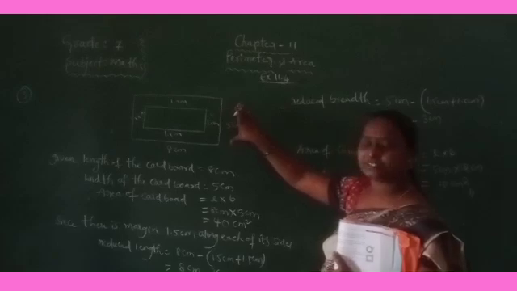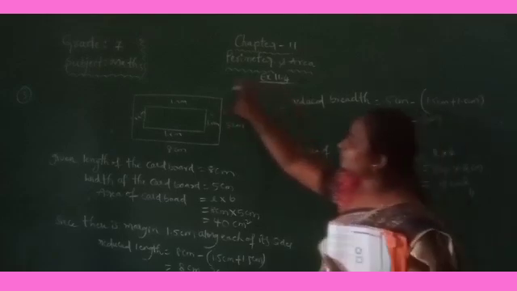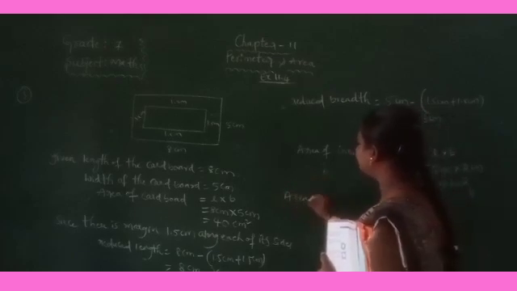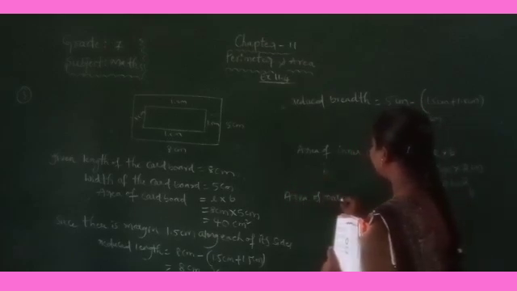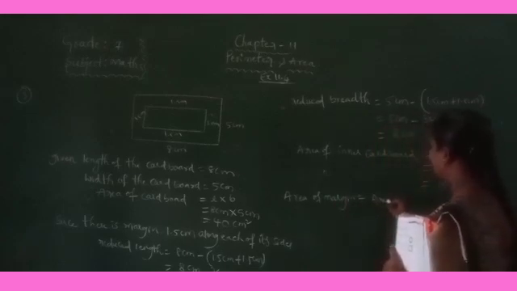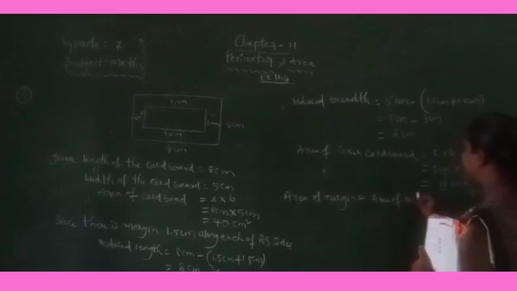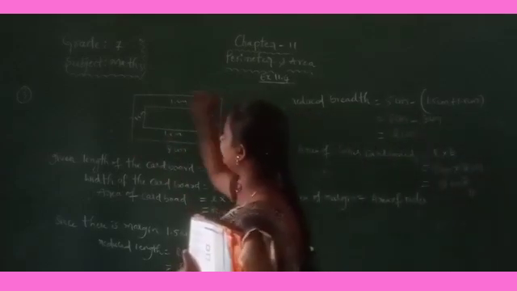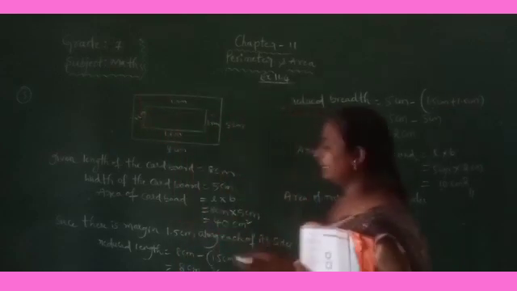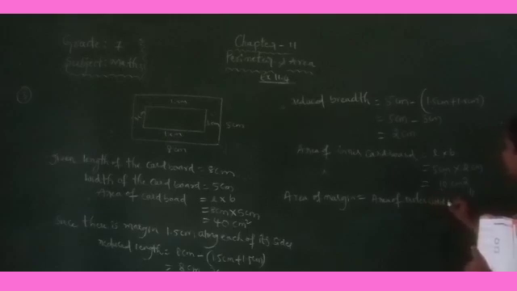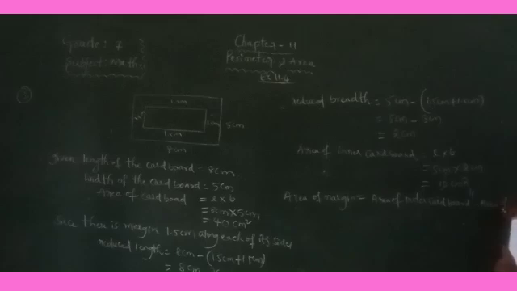The outer cardboard is 40 centimeters square. Now what do we have to find? The area of the margin. How to find the area of the margin? By subtracting the area of the inner cardboard from the area of the outer cardboard. If you consider the names A, B, C, D or E, F, G, H, you can give the names also. Otherwise you can write area of the outer cardboard minus area of the inner cardboard.